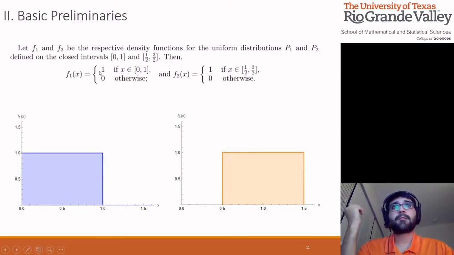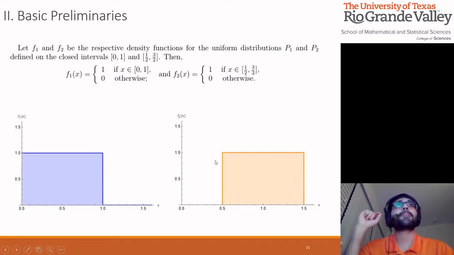f sub 1 of x is equal to 1 if x belongs to the interval 0 to 1, and 0 otherwise, in this picture. And f sub 2 of x equals 1 if x belongs to the interval 1/2 to 3/2, or 0 otherwise.